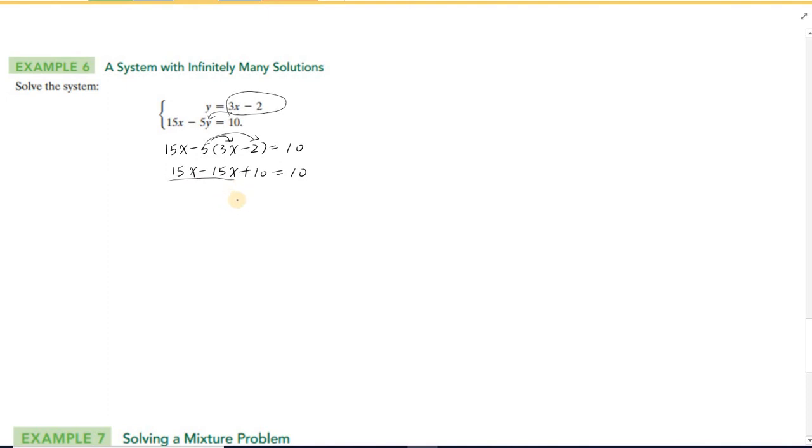This whole thing is going to be gone. Then I'm going to have 0x plus 10 equal to 10. Then I realize this is always true. My variable is gone, but this is always a true statement. Therefore, there are infinitely many solutions, because no matter what value you plug in for x and y, this statement is always true.